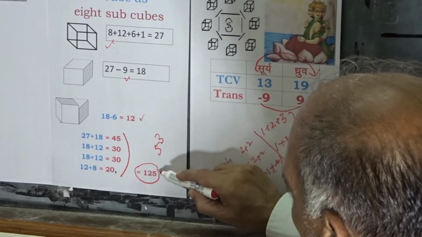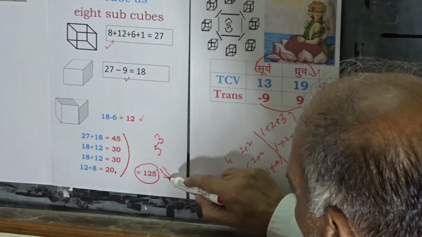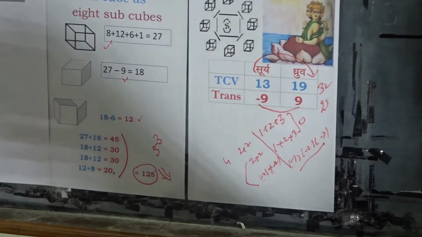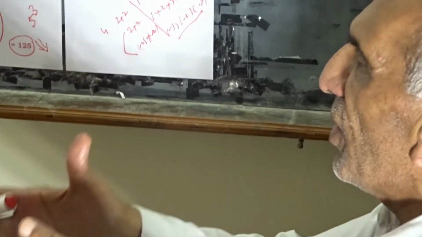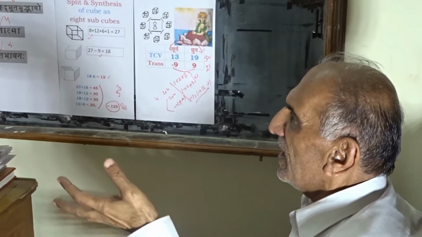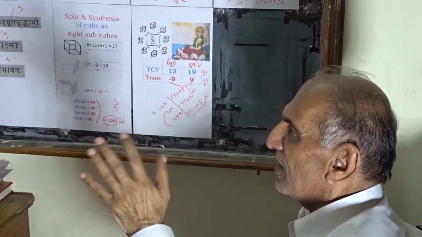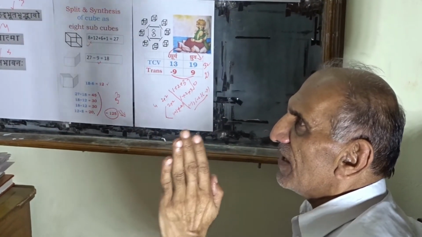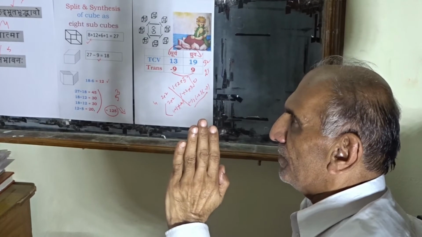It is this value 125 which is the value of the age of Lord Krishna. Formulation Krishna is having a TC value 19, which is parallel to the TC value of formulation Bhut.